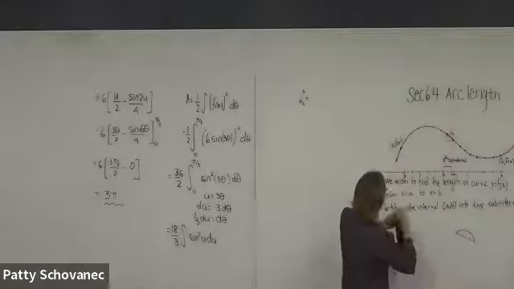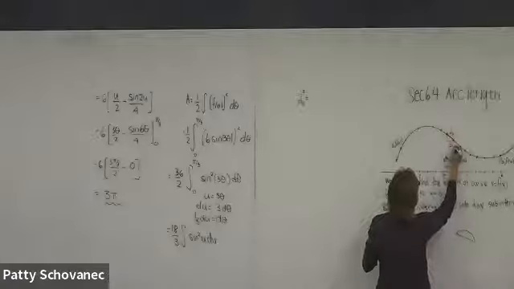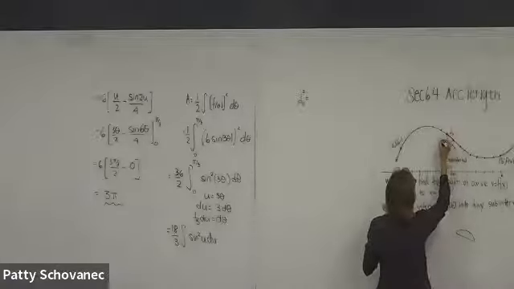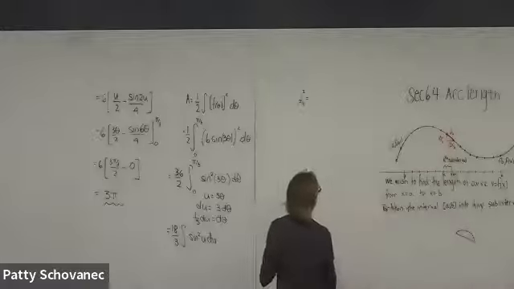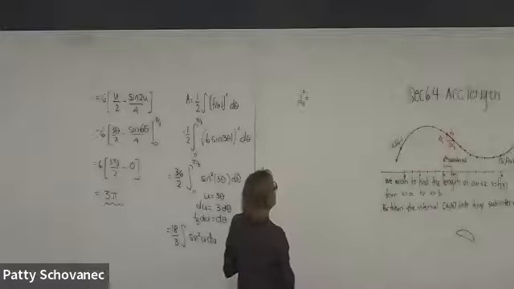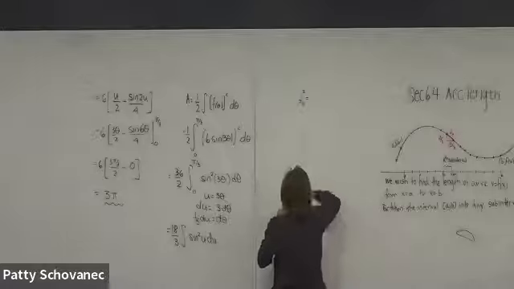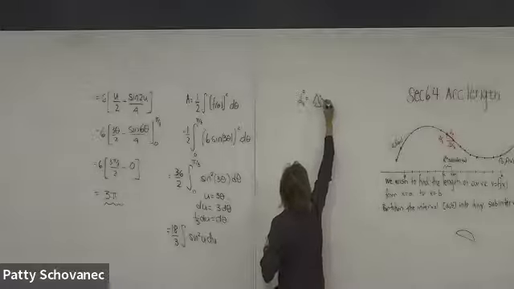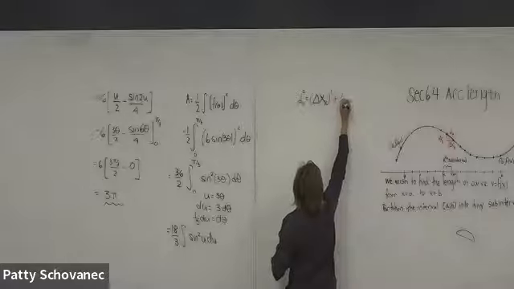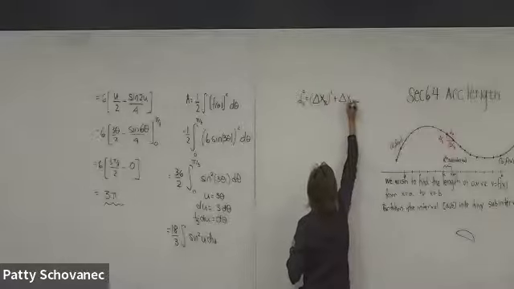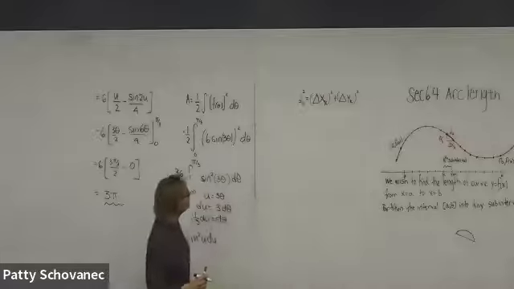All right, so let's call the width of that triangle delta xk, and the height of that triangle delta yk. So by the Pythagorean theorem, the hypotenuse squared is equal to the length squared plus the length squared: delta xk all squared plus delta yk all squared.